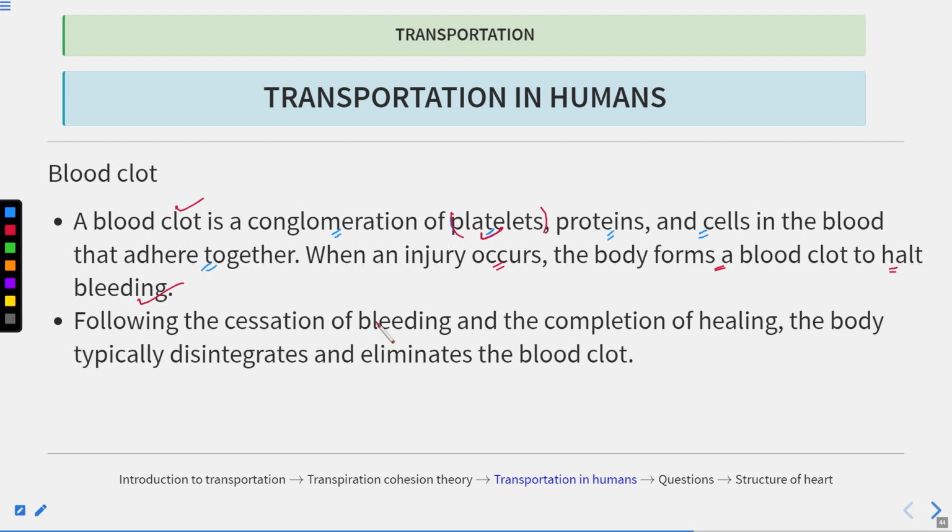Following the cessation of the bleeding and the completion of healing, the body typically disintegrates and eliminates the blood clot. So first the blood clot is formed, and then when the skin is healed, the body eliminates this blood clot. We'll study the formation of the blood clot in detail today.